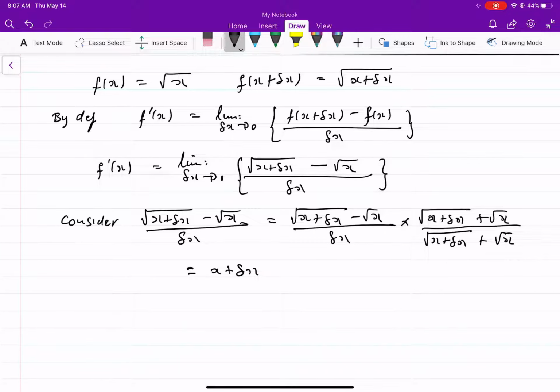Yes, root of x plus delta x times root of x plus delta x is just x plus delta x minus, and in the next pair, root x times root x is just x. So that's my numerator. In the denominator, I have delta x hanging out there into the root of x plus delta x plus root x.